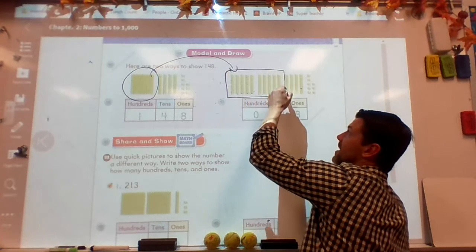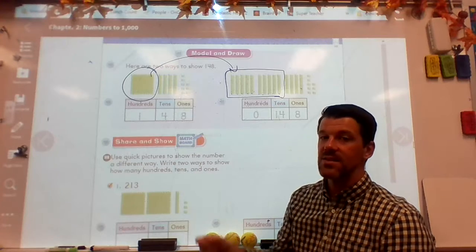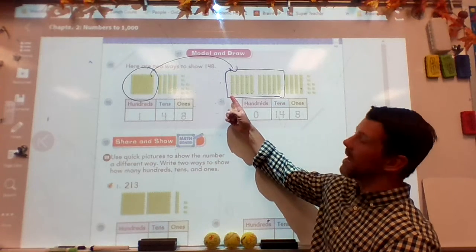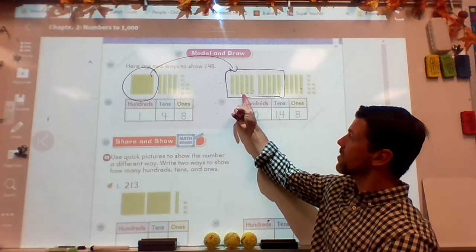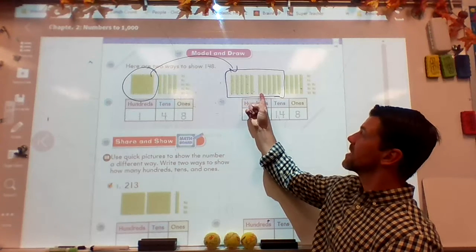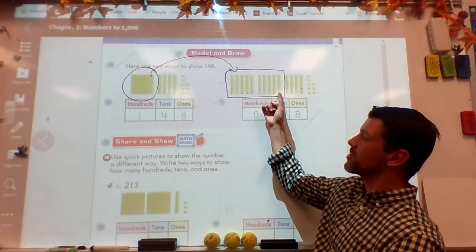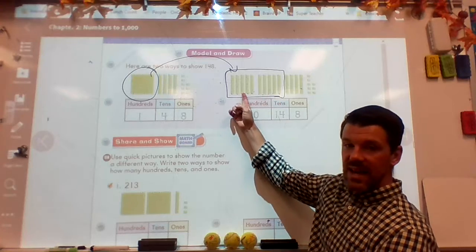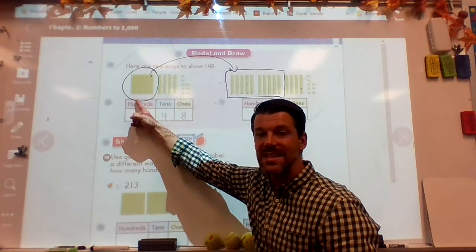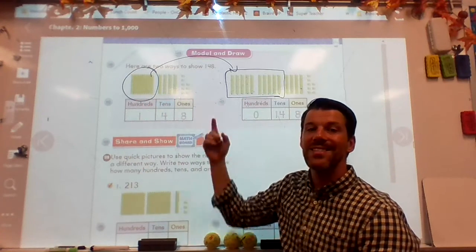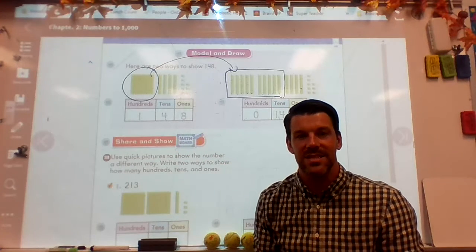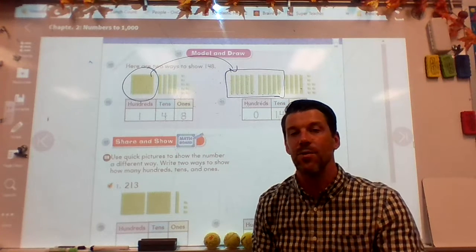So right here, they did 2 groups of 5 tens, which equals 100. Let's count together. 10, 20, 30, 40, 50, 60, 70, 80, 90, 100. So these 10 tens are the same amount as this 100, just shown in a different way. And that's the whole point of this lesson, to show numbers in a different way.